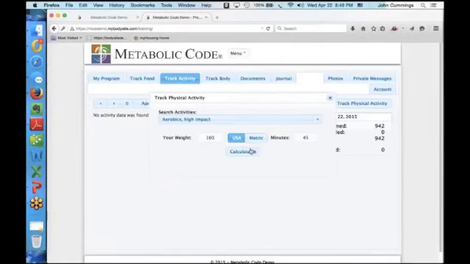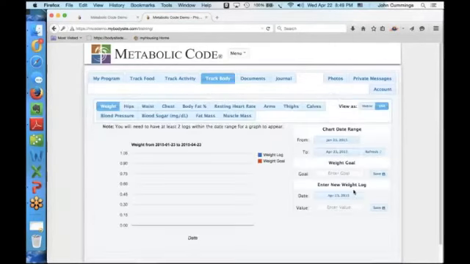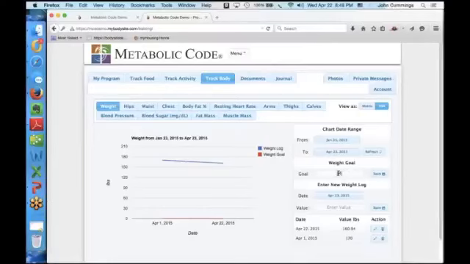And also by tracking the number of minutes that they spent, get an idea of the calories burned in addition to the calories consumed. And then they can also keep track of their body metrics, so they can get a visual of where they stand in terms of progress overall and against a goal weight or goal metric on a nice chart. So I won't go into all the features, but they can journal.